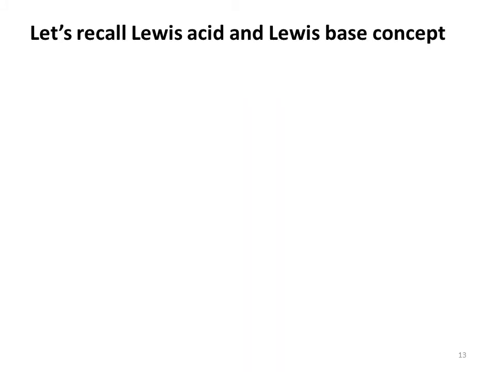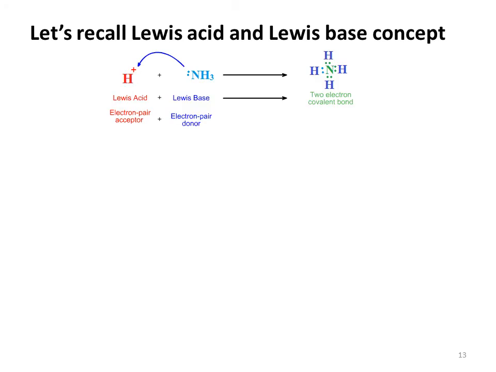The disappearance of tetraamine cuprate(II) ion complex and appearance of the aqua complex of copper can be understood with the help of the Lewis acid base concept. So let's recall this concept. According to this concept, Lewis bases are electron pair donors and Lewis acids are electron pair acceptors.